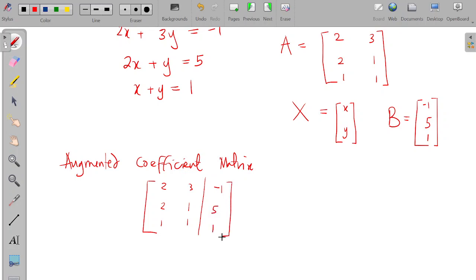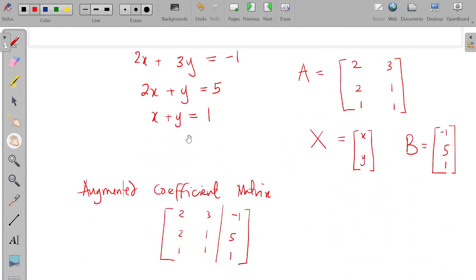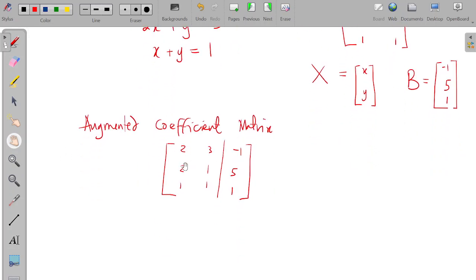That is our augmented matrix. We now work on this augmented matrix to reduce it.